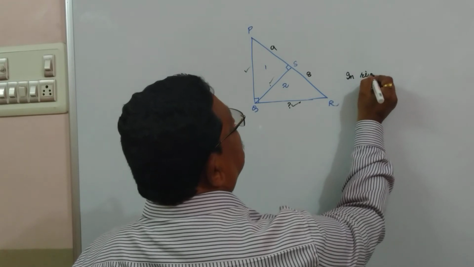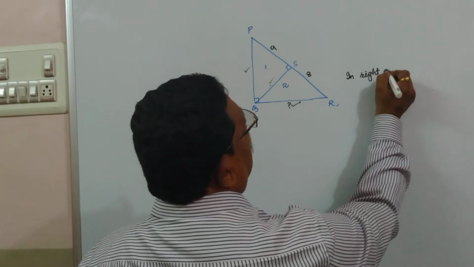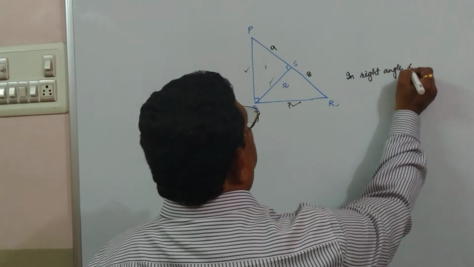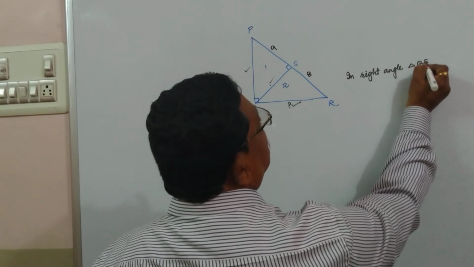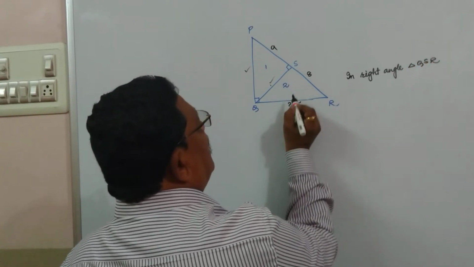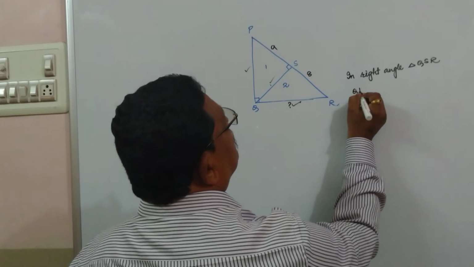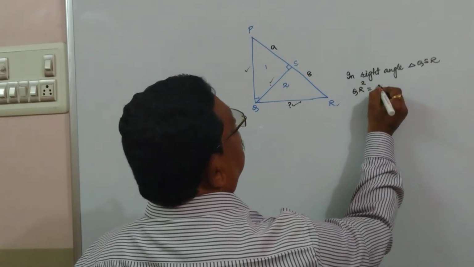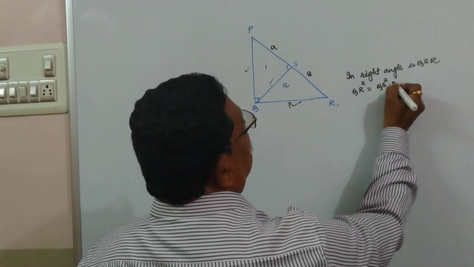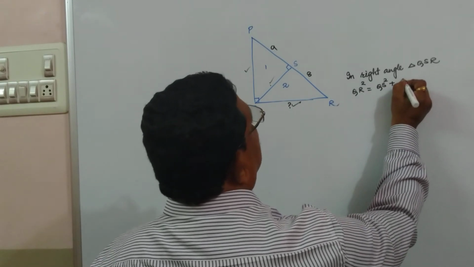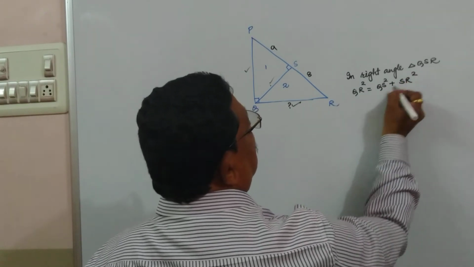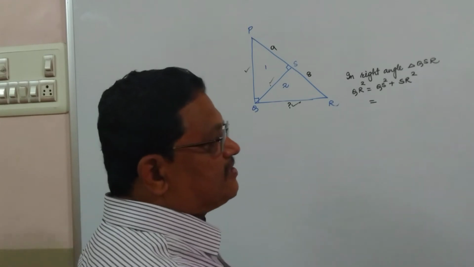In right angle triangle QSR, hypotenuse is QR. QR square is equal to QS square plus SR square. We have found how much QS is.